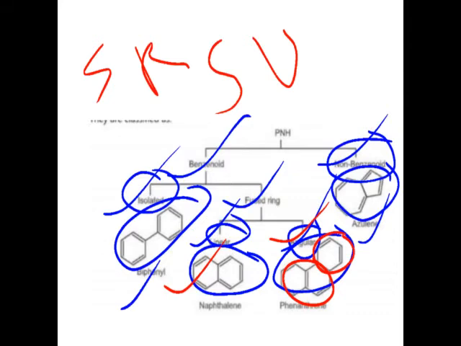Okay, so for your syllabus there is naphthalene, phenanthrene, anthracene, diphenylamine, triphenyl methane, and their derivatives. So there are some compounds that we have to study in the polynuclear hydrocarbons with respect to their structure, medical uses, synthesis and reactions. So we will start with the first polynuclear hydrocarbon, that is naphthalene.